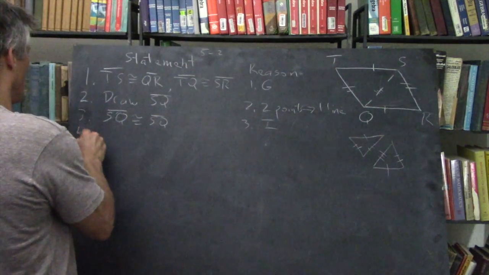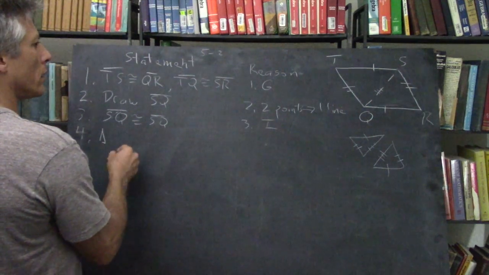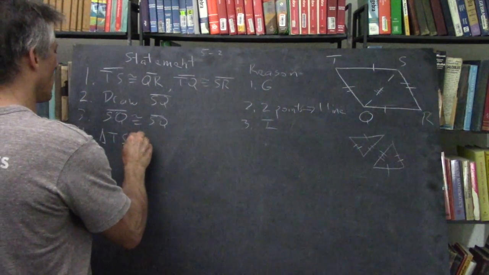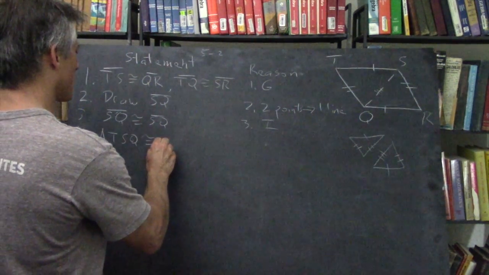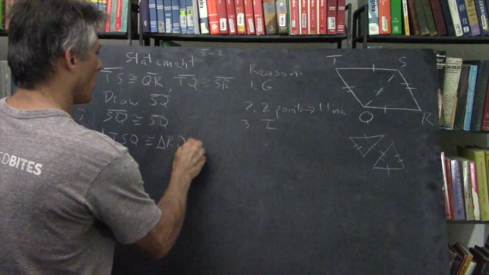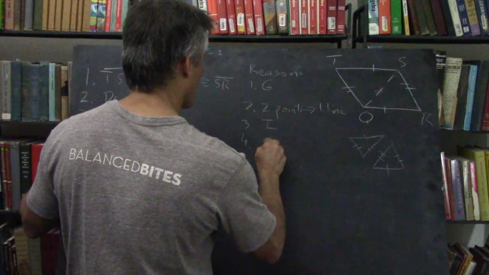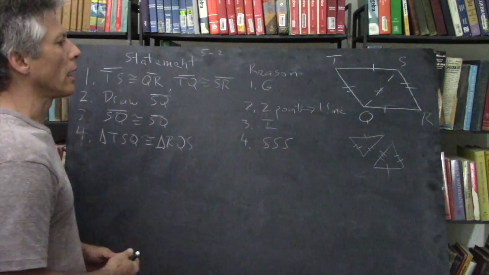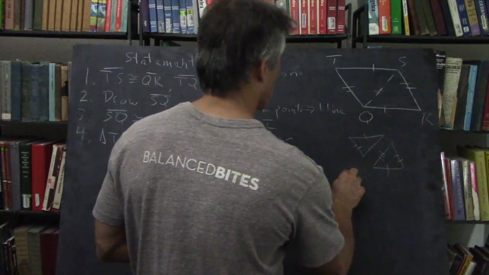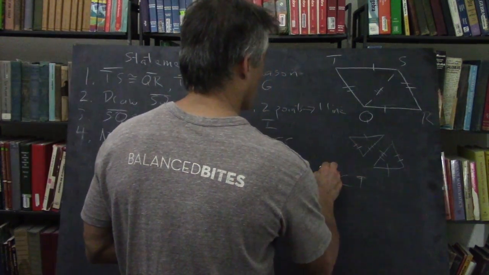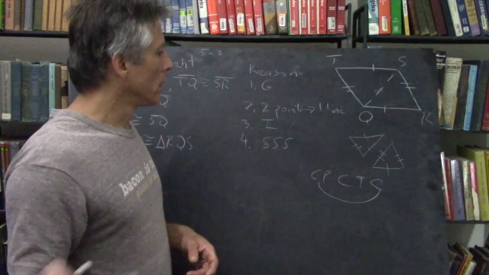So triangle TSQ is congruent to triangle RQS by the side-side-side theorem. But then remember, when triangles are congruent, corresponding parts are congruent. Okay.